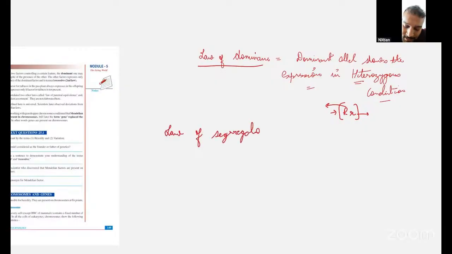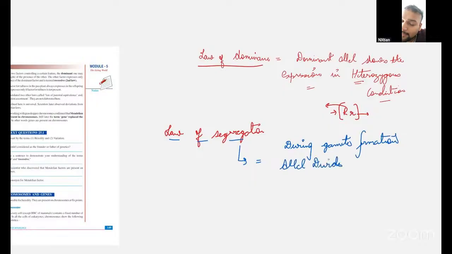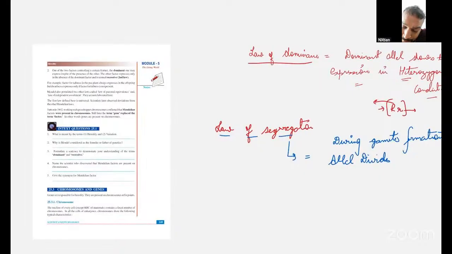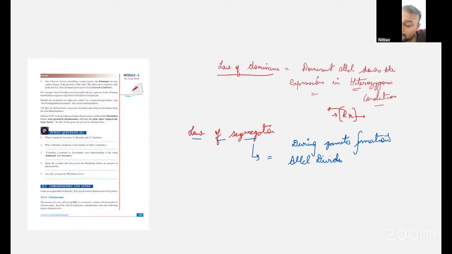The law of segregation says that during gamete formation, alleles divide segregately, or we can say alleles divide independently. This is the second law.